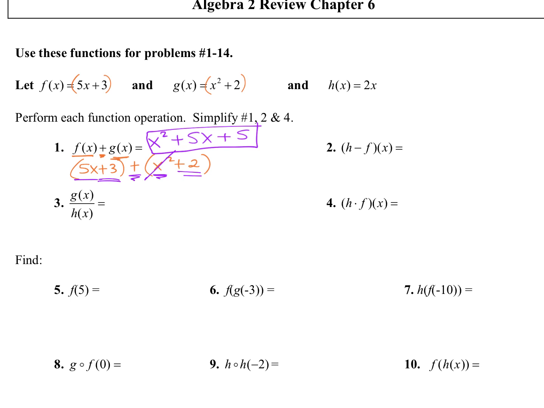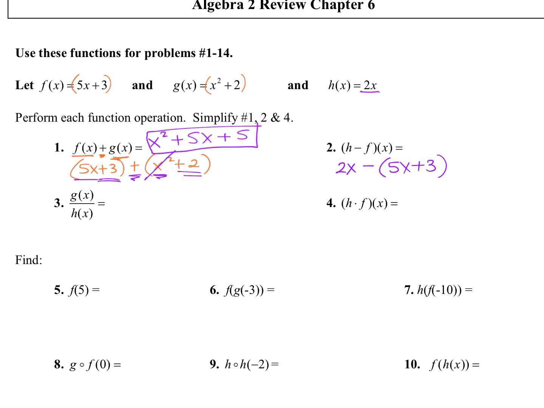So that's addition. Number 2 is subtraction. And be careful with subtraction because you're subtracting an entire function, which means you're subtracting all parts of it, okay? So h of x is 2x, minus the f of x. So minus, put it in parentheses, 5x plus 3. Okay?